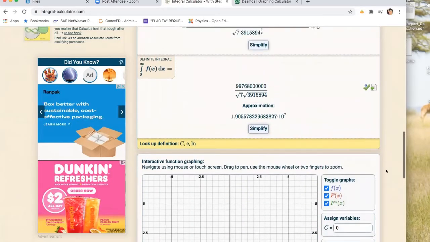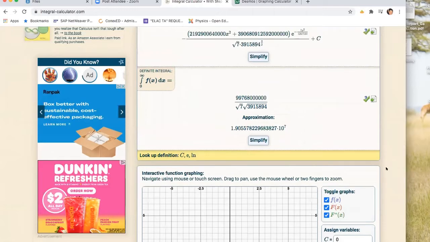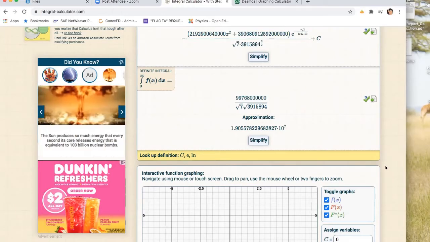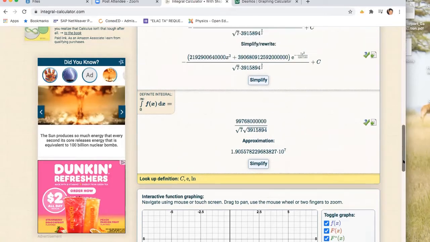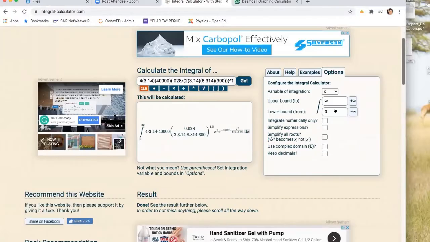Okay, once I get the answer, what am I trying to prove? Oh, I'm trying to prove what the average velocity is using the definition of average velocity versus the formula, right? So I'm doing the integral of the number of particles going at velocity times x, which is the velocity, from 0 to infinity.